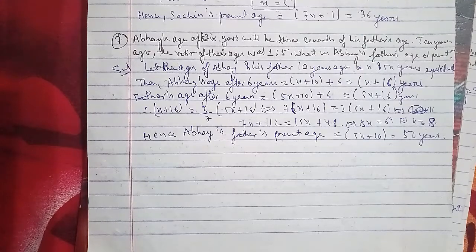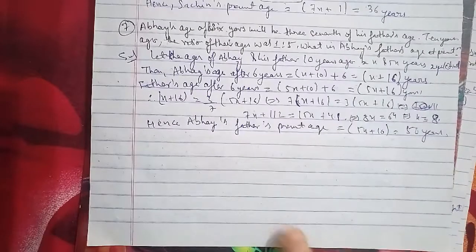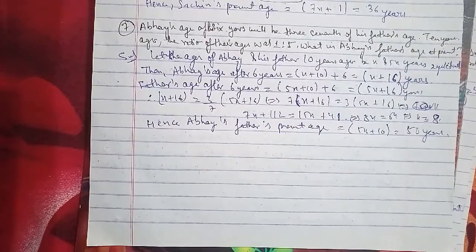So the question is: Sachin is younger than Rahul by 4 years.